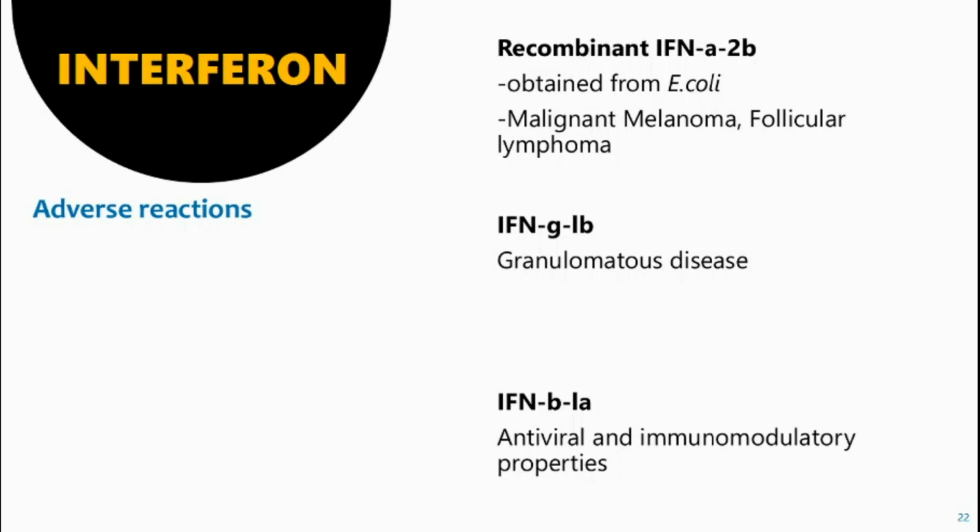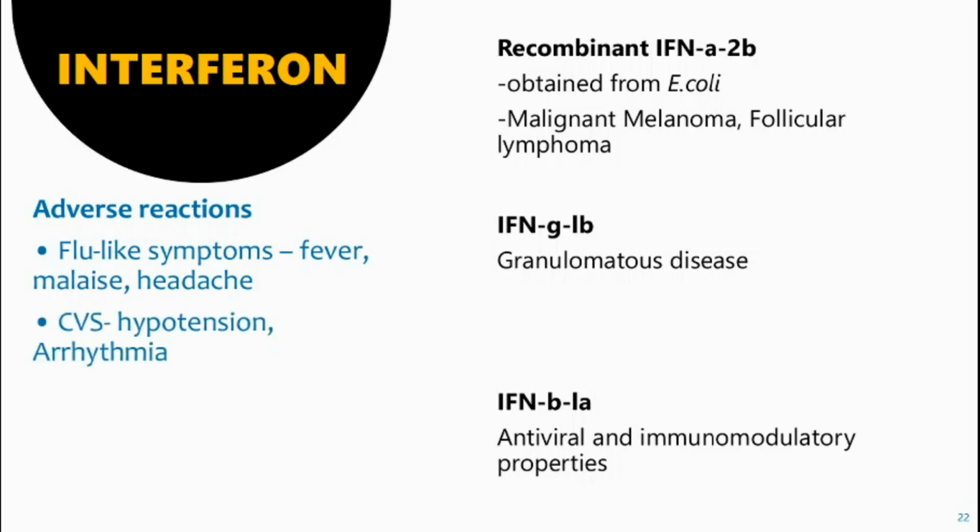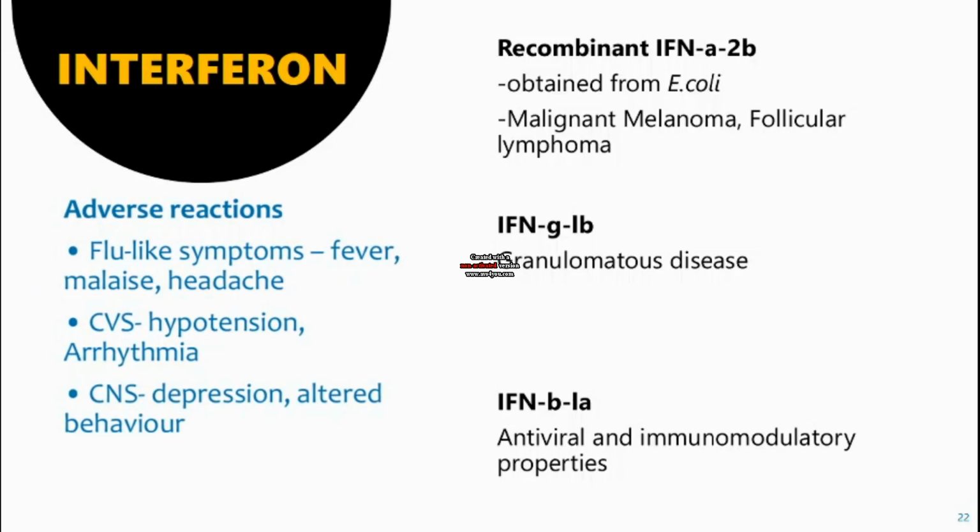IFN-gamma-1b is used in chronic granulomatous disease, and IFN-beta-1a has antiviral and immunomodulatory properties. Its adverse reactions are flu-like symptoms, that is, fever, malaise, headache; in the cardiovascular system, hypotension and arrhythmia; and in the CNS, depression and altered behavior.